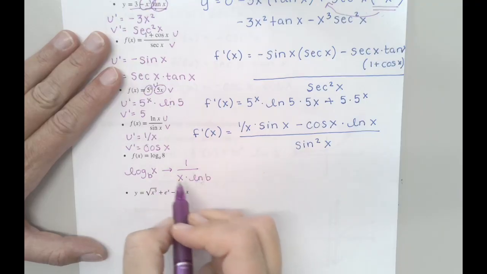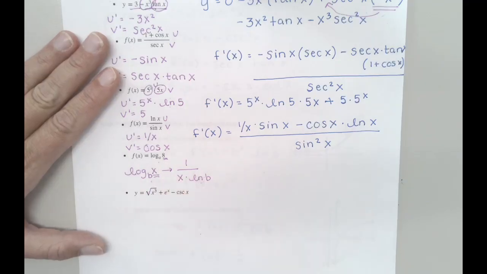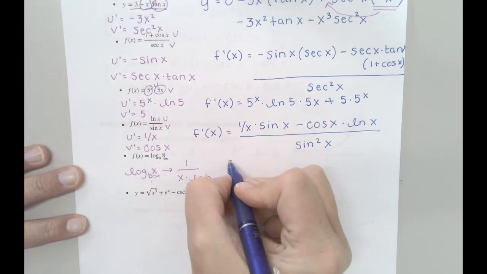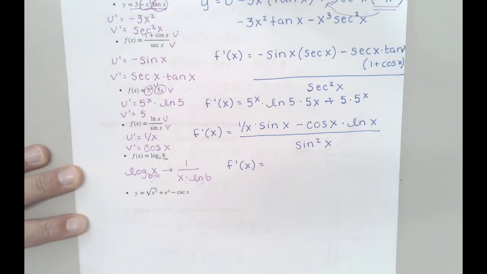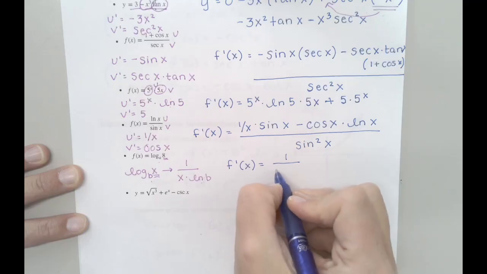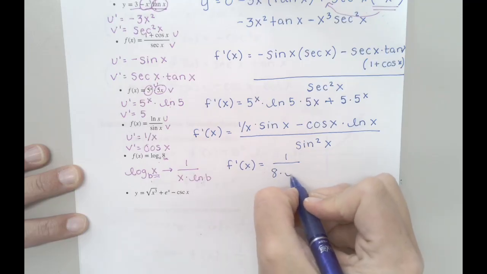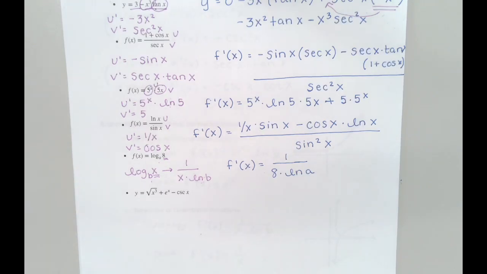So for this one, the x is really like your 8, and then the a is really like your b. So like I said, the derivative on this one is kind of strange with that 8 there. But we're just going to write it as 1 over the x value, which is 8, and then times natural log of a. It's a weird derivative, but it'll work.